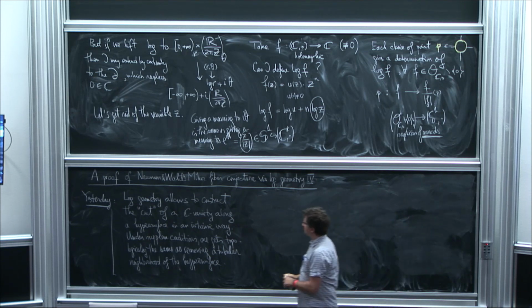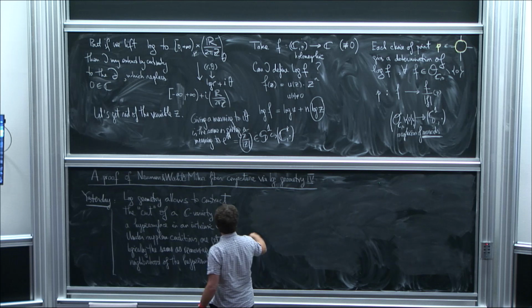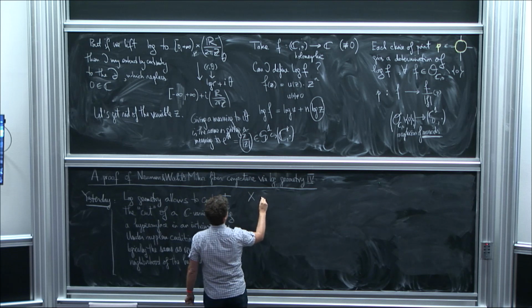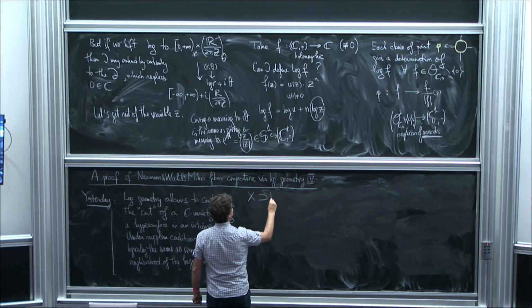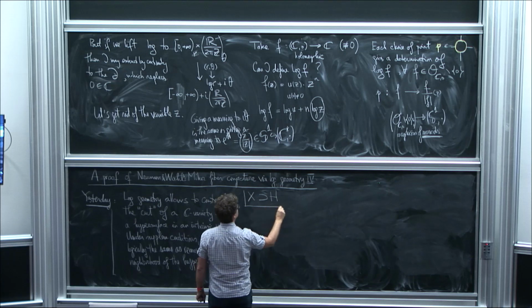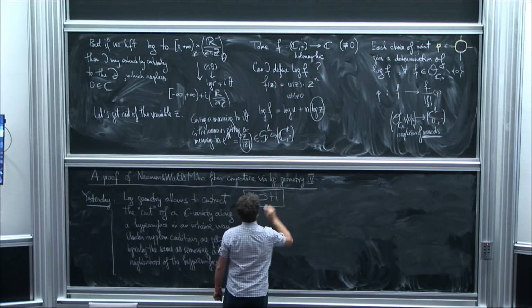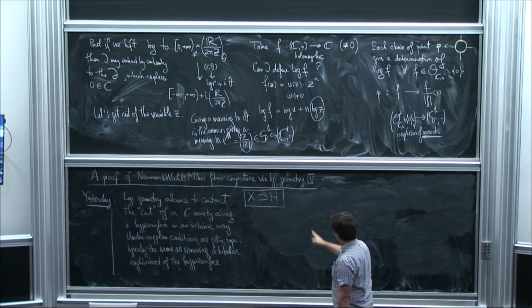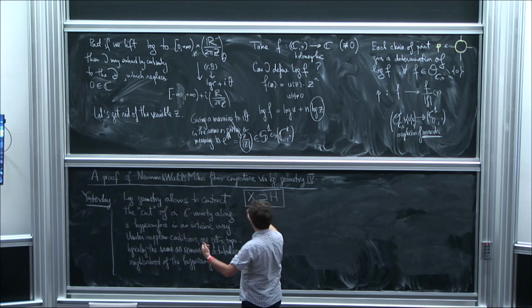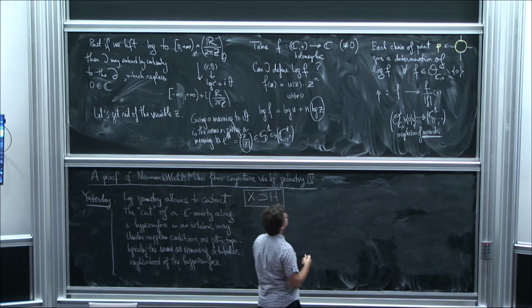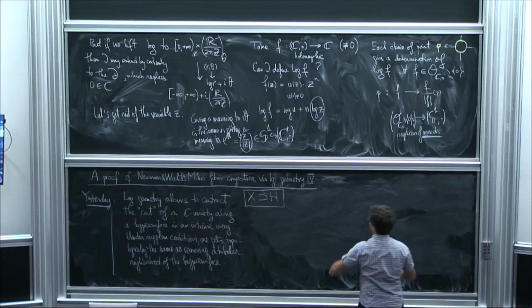And now I give names here. We have a complex variety, and inside it I will put a hypersurface. And I want to cut X along H. So we will do the same as here.